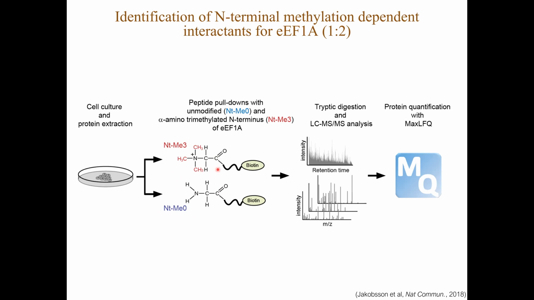So I made synthetic peptides that corresponded to either the modified or unmodified form, conjugated these with biotin and immobilized them on beads. And then I did the enrichment analysis of soluble proteins from cell extracts and quantified proteins that were enriched by these different peptides using a label-free mass spectrometry approach.